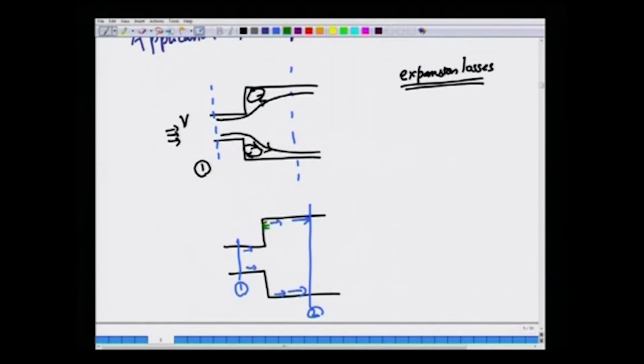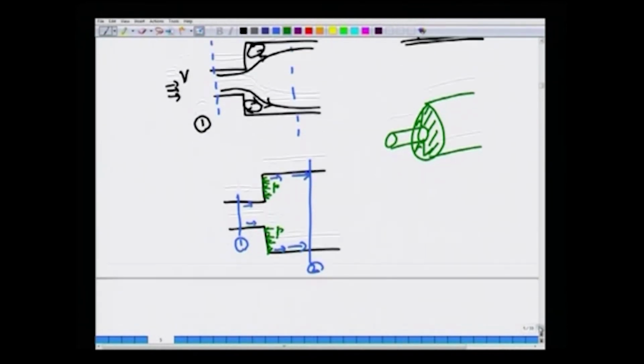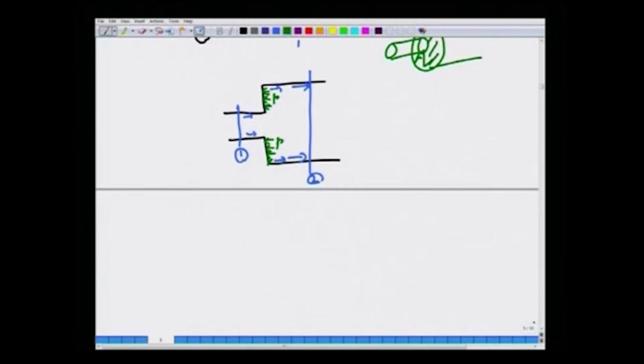Suppose you imagine this to be a pipe, which suddenly expands to a bigger pipe. So, there is an annular region where you have this normal force due to pressure. There are two types of forces that act on the surfaces of this CV, so we have to keep that in mind.